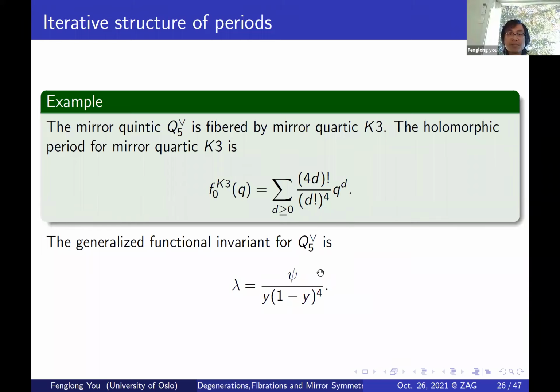And the generalized functional invariant in this case is just a rational function. It can be computed explicitly as this.